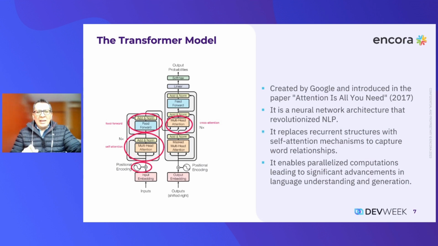A key topic is the transformer model. The transformer model was created by Google in 2017, presented in the Attention is All You Need paper. It's important because it enables parallelized computation, leading to significant advances in language understanding and generation models.